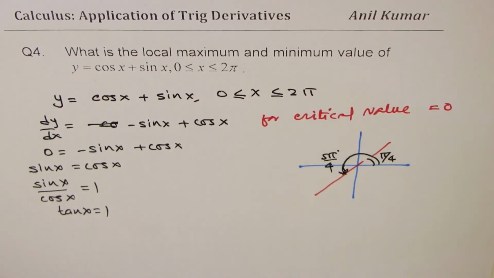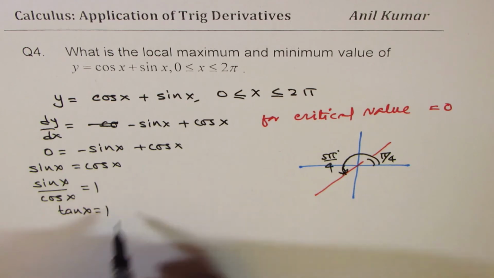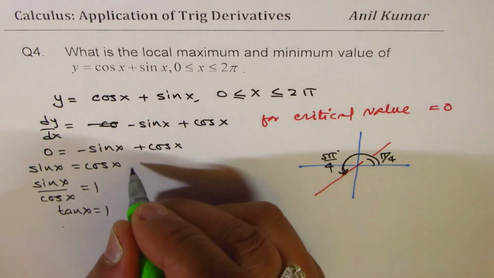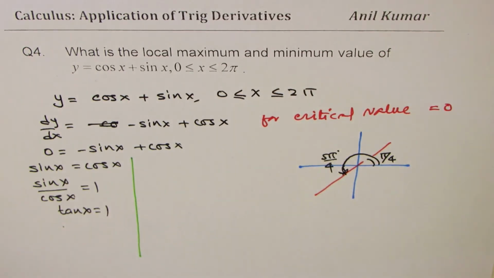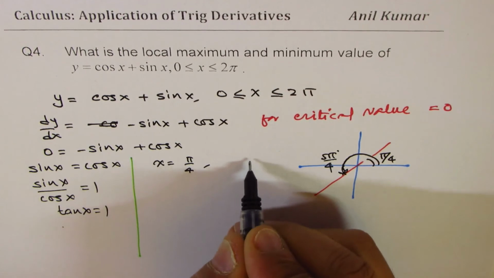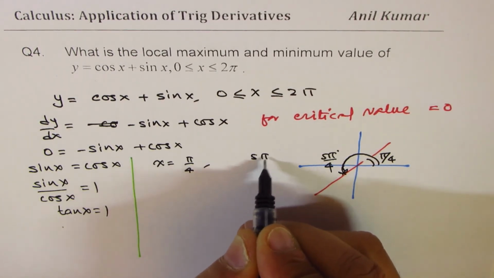So those are the angles. Let's write down the two values, x equals pi by 4 and 5 pi by 4.